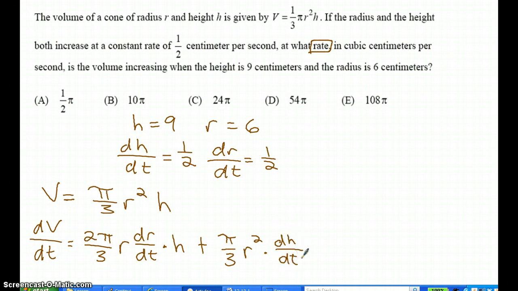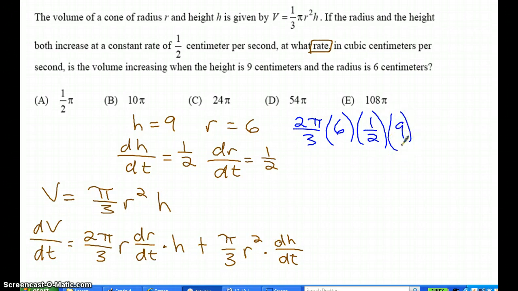Okay, and we know all of the variables on the right hand side. We're trying to find dv dt. So we have here 2 pi thirds times r, which is 6, dr dt is 1/2, and h is 9.